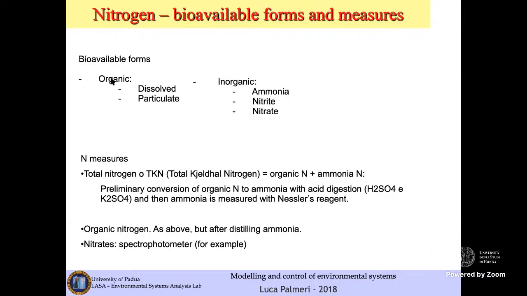If you are a phytoplankton cell and you have a choice between nitrate and ammonia, then you will firstly choose ammonia, because ammonia is smaller, so it passes more easily the cell membranes, so it is more easily assimilated or embodied into the phytoplankton cells.